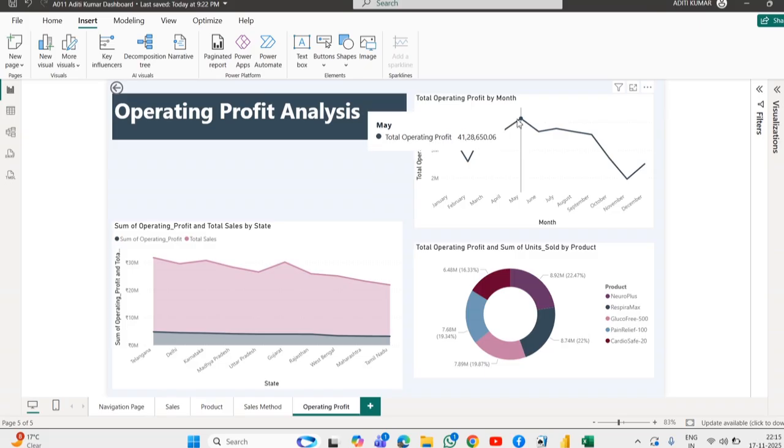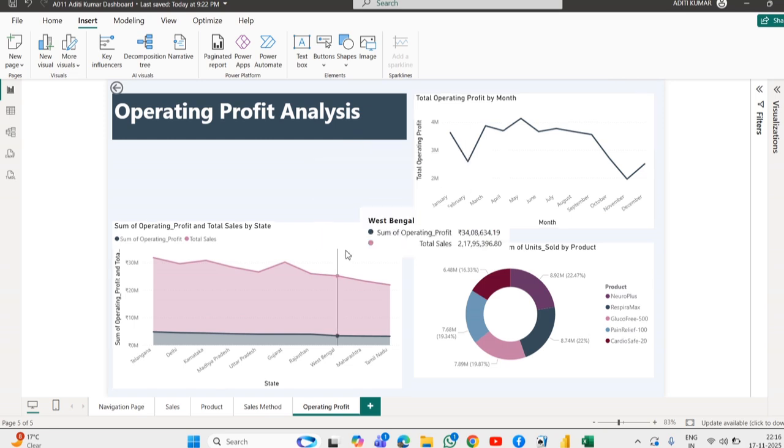From this data, I can clearly say that in the month of May, the company had the highest operating profit, around 4.1 million, and in the month of November it comes to the lowest total, around 1.9 million. So this line chart gives me a detailed analysis of the operating profit by month.